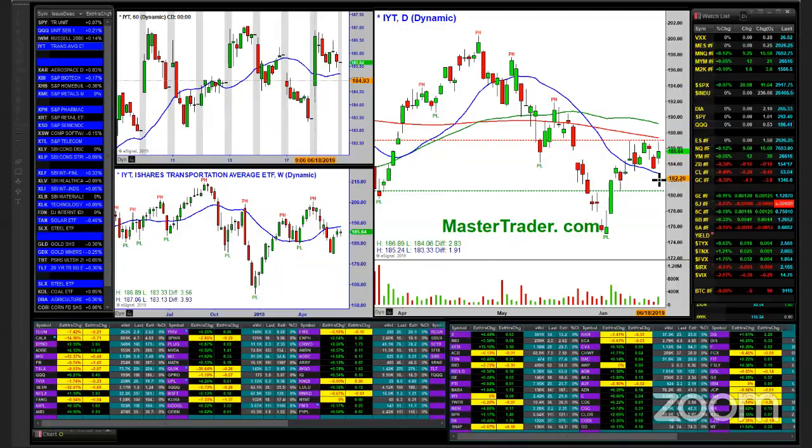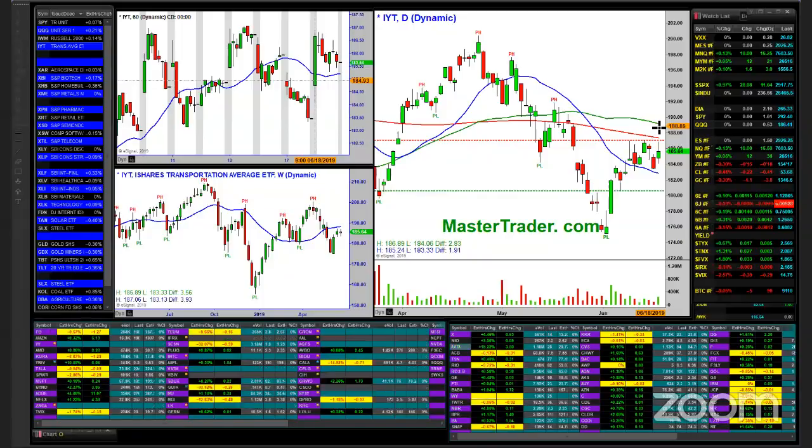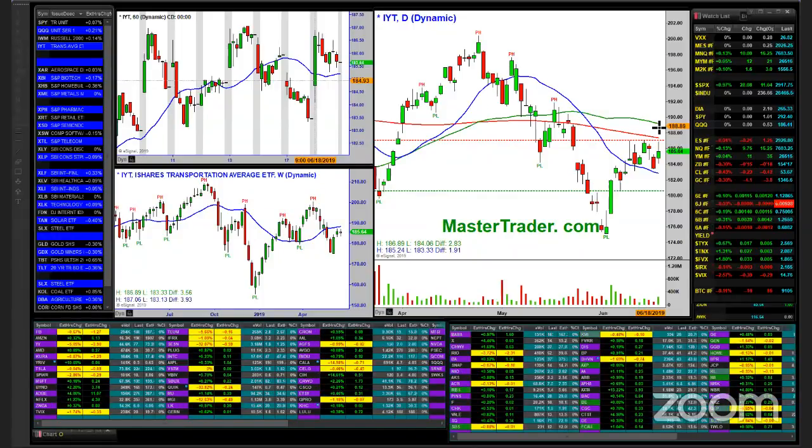So if the markets do start moving higher, keep an eye on these transports to see that they can at least get above the 200 MA here, and the next resistance isn't that far away, so the expectation isn't that these would have the great opportunity to make a move, but you want to keep an eye on them just from a broader market perspective, because if the markets are moving up to new all-time highs and the transports are just hanging here doing nothing, intermediate term, that's not a good sign.